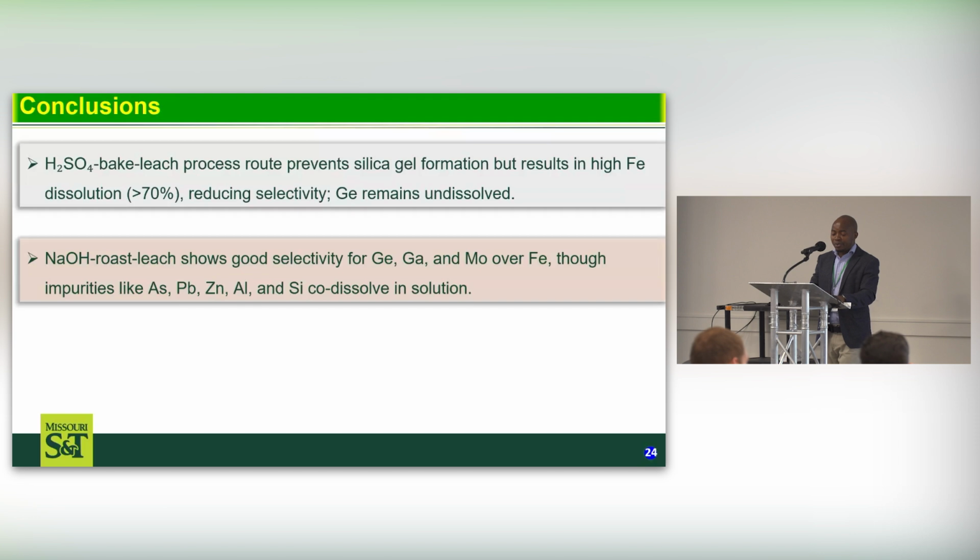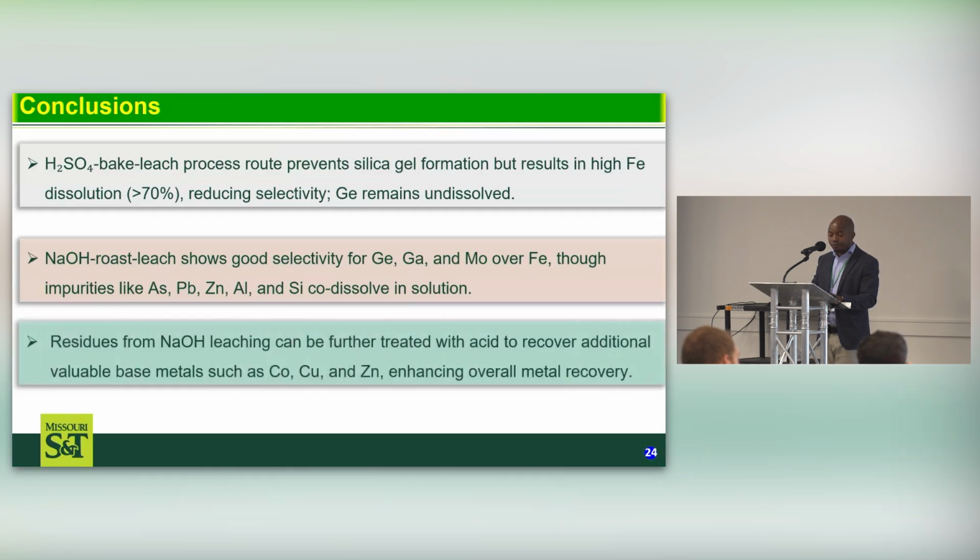However, we still have some impurities to take care of should we go forward: the dissolution of small amounts of zinc, lead, iron, and silicon. For this, when we recover the critical elements, we are concentrating the valuable elements in the residues. These can be leached using sulfuric acid or other media, which we are going to explore later.